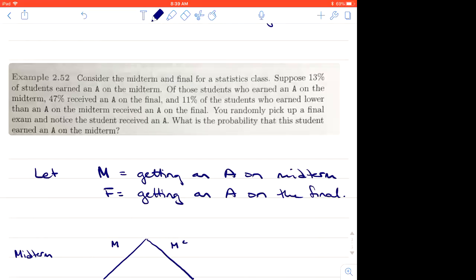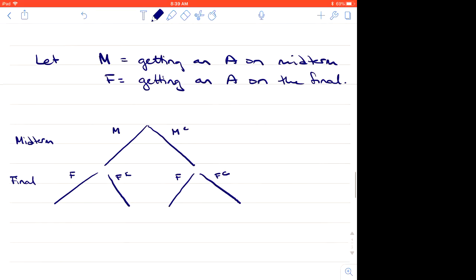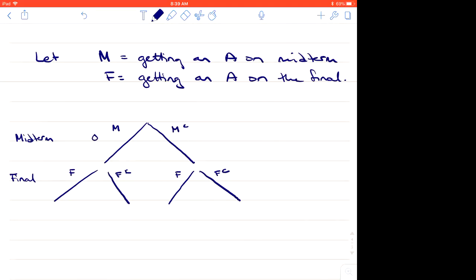Suppose 13% of students earned an A on the midterm, meaning the probability of getting an A on the midterm is 0.13. So the probability that you didn't get an A on the midterm is 1 minus 0.13, 0.87.